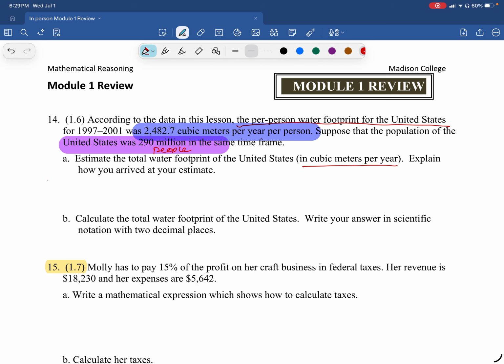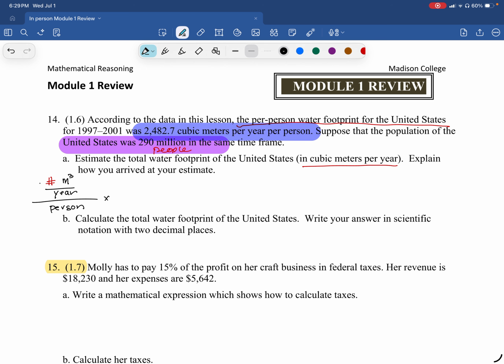So we have a number in cubic meters per year, and that number is per person. If you remember, this is what we were given in the assignment: cubic meters of water used per year.